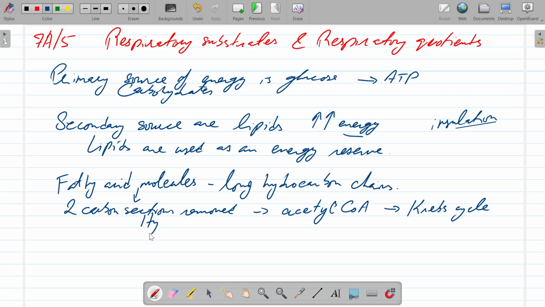Also, hydrogens are removed along with the carbons, and they are picked up by the hydrogen acceptors. And they go on to the electron transport chain.